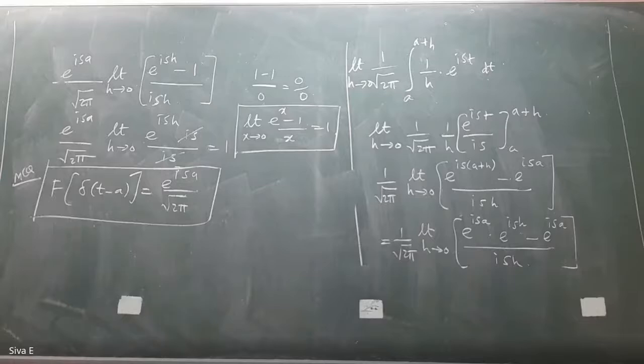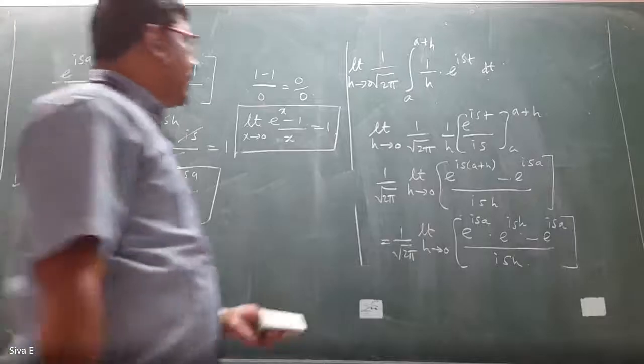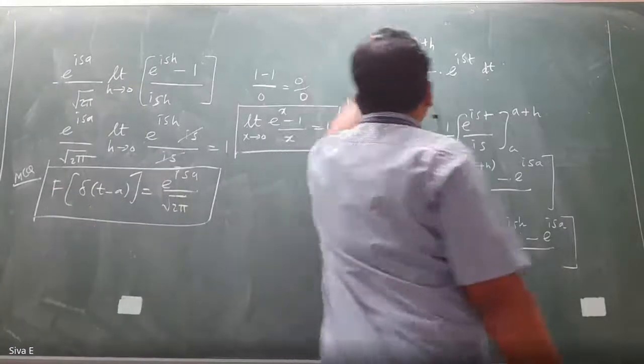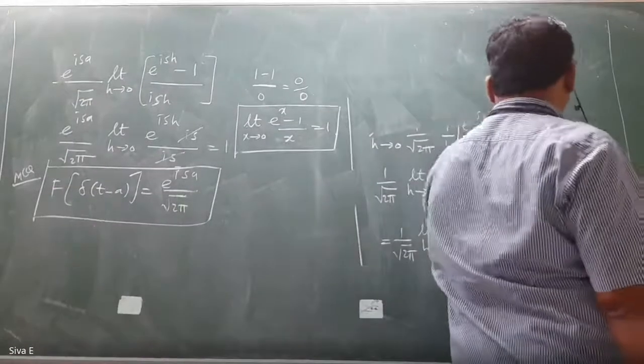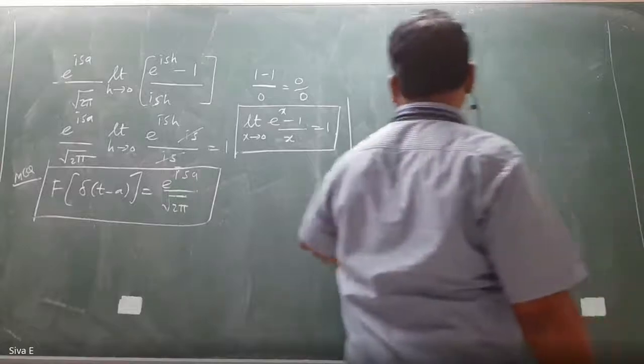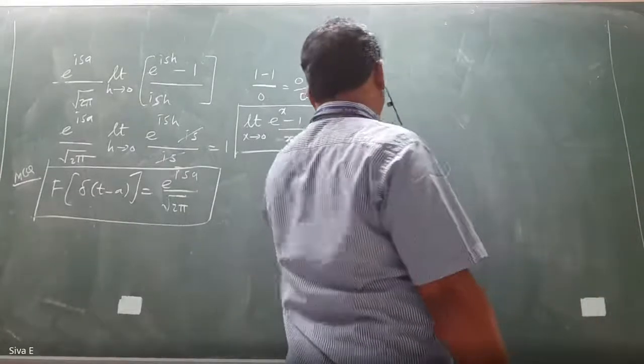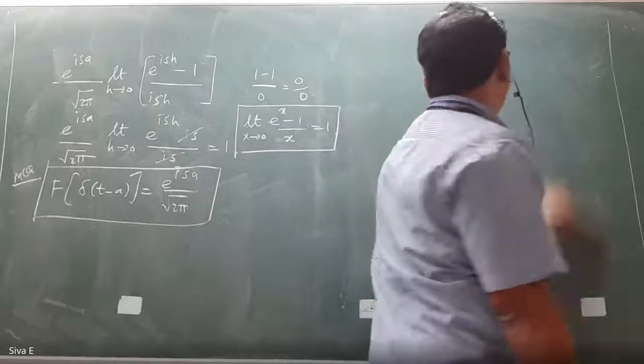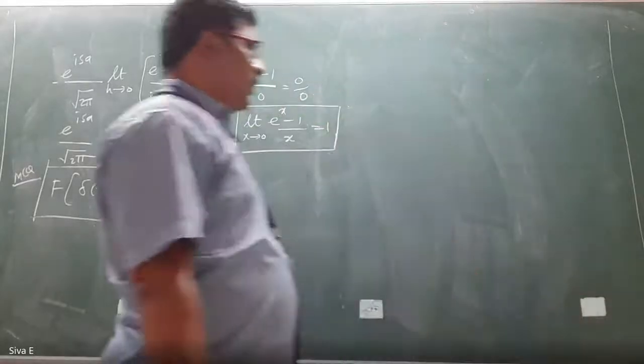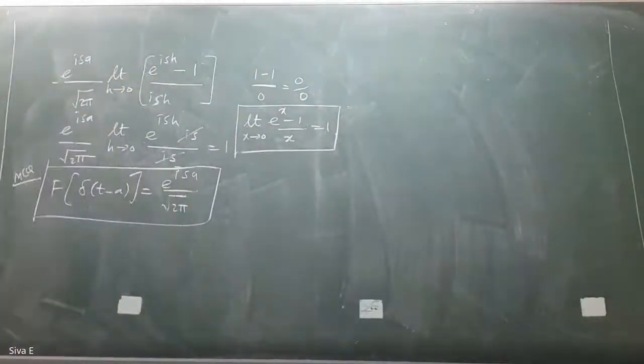So what are the things you have to remember? One is the Dirac delta function formula, 1 by h when t is from a to a plus h. And then the Fourier transform of the Dirac delta function.